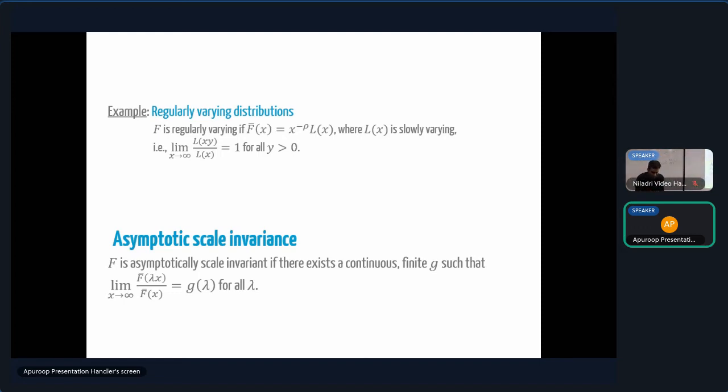Okay, so this is a class of distributions that generalizes the Pareto and corresponds exactly to the class of distributions that satisfies this asymptotic scale invariance property. Right? So rather than use that definition, I'm going to use a slightly different definition to build it a little more clearly. That's the following.